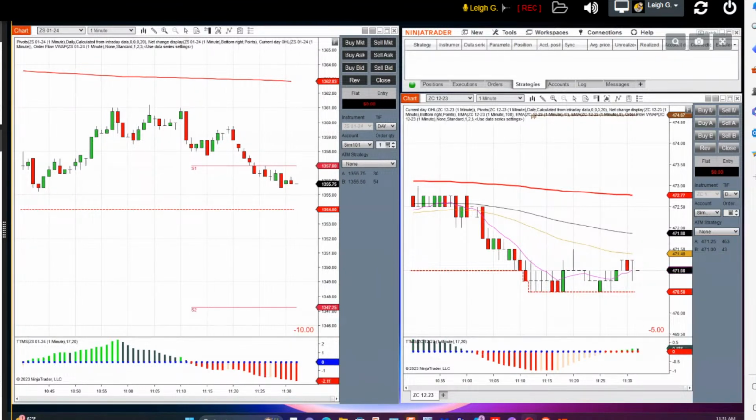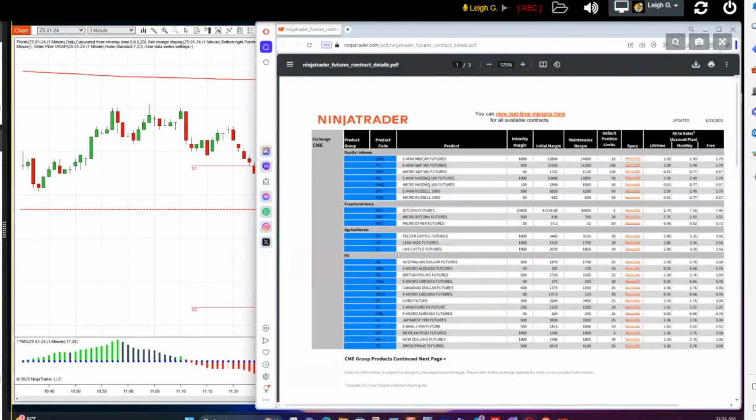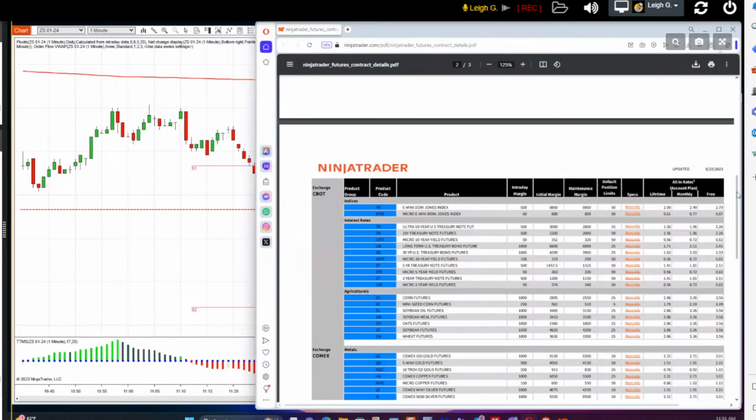Depending on what platform you're trading, you just have to check with your broker and check their margin requirements so that you understand how margin is calculated. Just to give you a quick example, Ninja Trader, which is the broker we use, has margin requirements for all the instruments that you trade. And I will post that into the trade room.